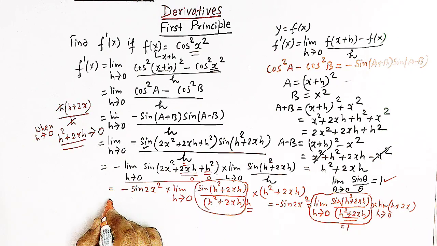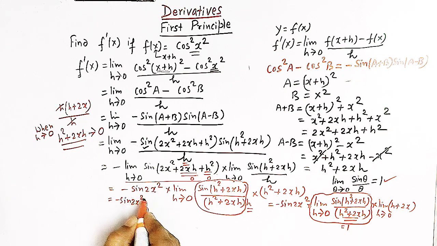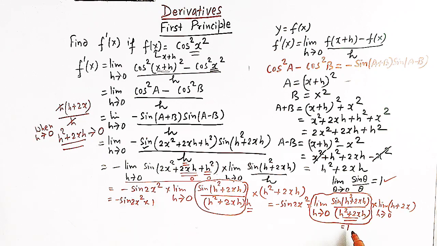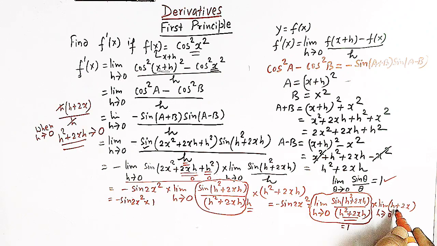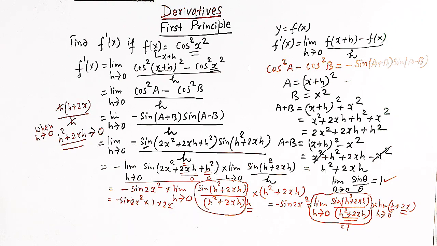So we have now here a minus sine 2x square multiplied by 1, because this limit is 1, and limit h tends to 0 of h plus 2x. Here h is 0, so we are left with only 2x. So here we have simply 2x, right?